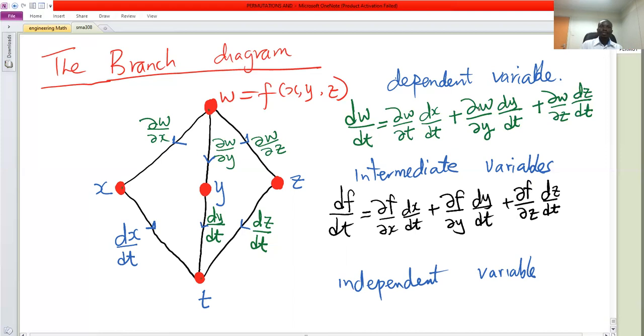So this is the chain rule for a case where you have 1 independent variable, 3 intermediate variables, and the function itself.